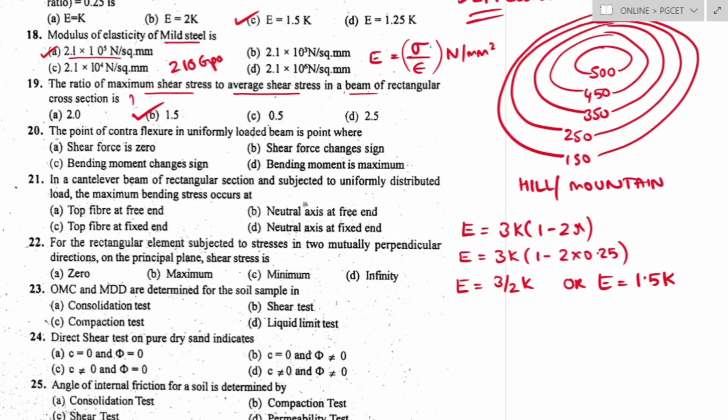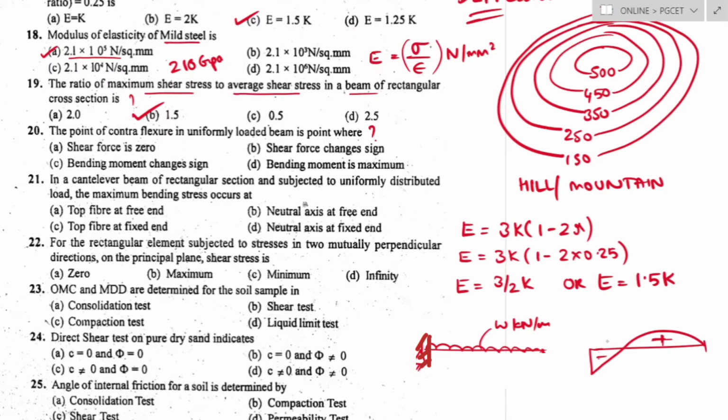Question number 20. The point of counterflexure in a uniformly distributed load is a point where? Consider a uniformly distributed loaded beam of W kilonewton per meter, and this is the corresponding bending moment diagram for the beam, and this is the positive bending moment and this is the negative bending moment.